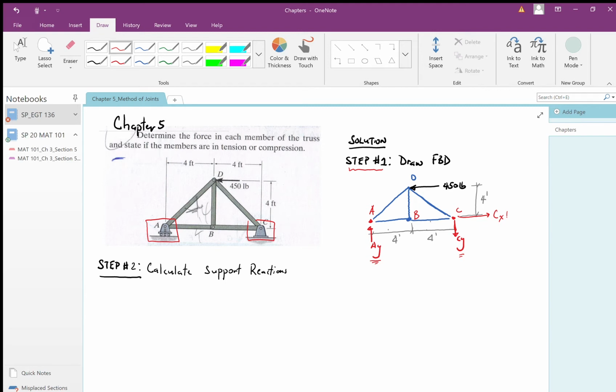So let's take it a step further. After we've drawn our free body diagram, I want to calculate our support reactions. In step number 2, you're typically using 3 equilibrium equations.